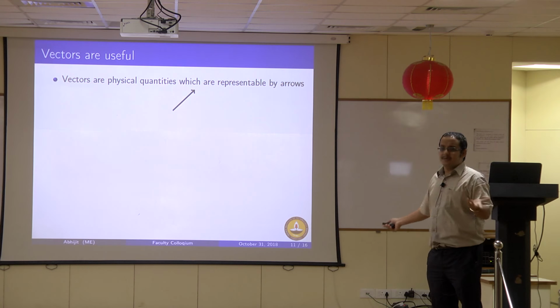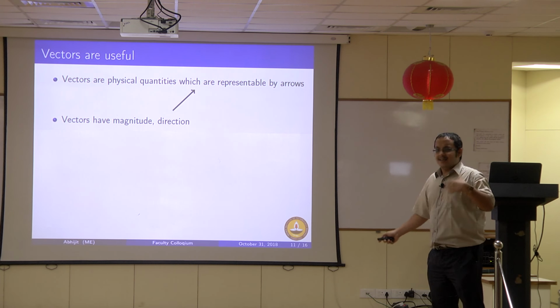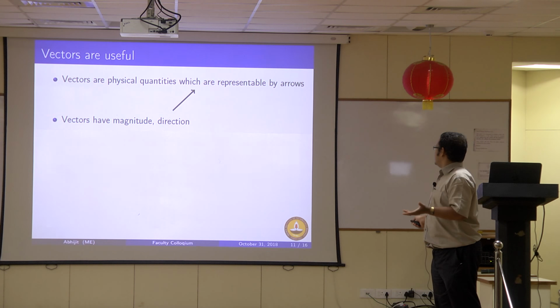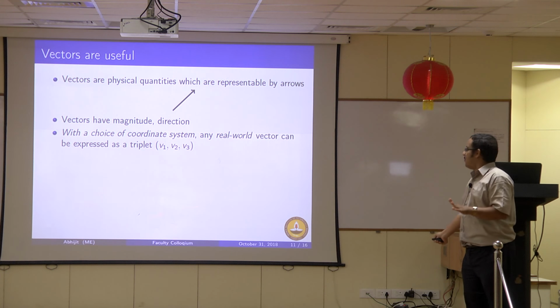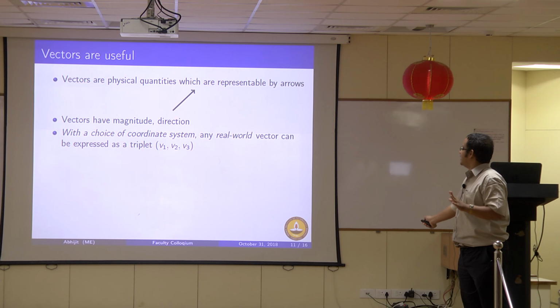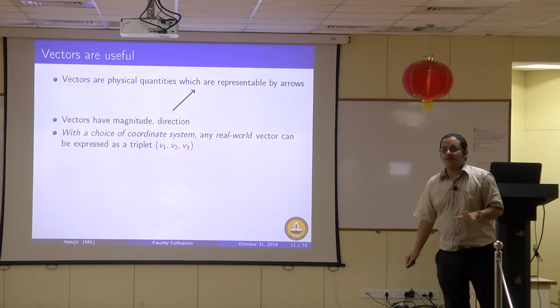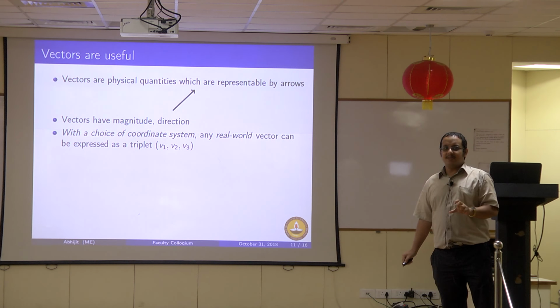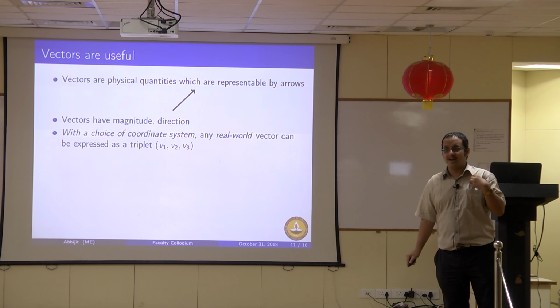It's an arrow, it's representable by an arrow, nothing great about it. It has magnitude, direction, some say it has sense, but I think that is nonsense, so we'll leave it at that. With the choice of a coordinate system, essentially it boils down to these three numbers that express its length in the x direction, y direction, z direction. So it's essentially these three numbers. Therefore, the question is: is anything that is expressible in three numbers a vector? I am expressible by my Aadhaar number, at least I am supposed to be.